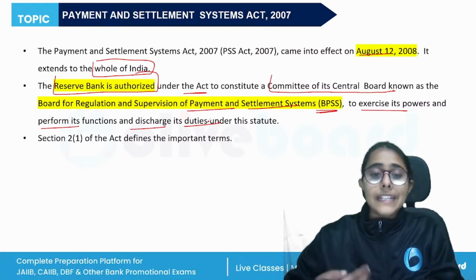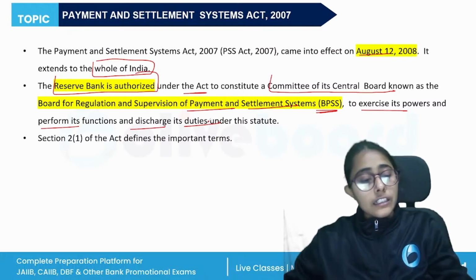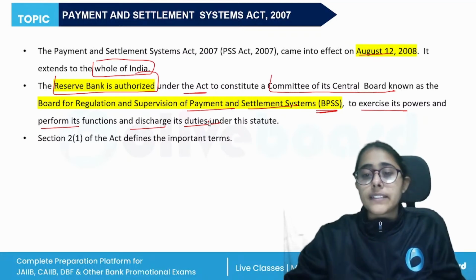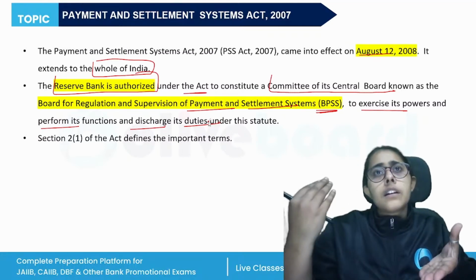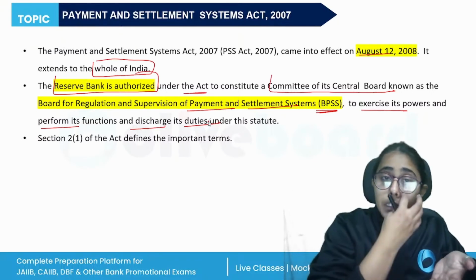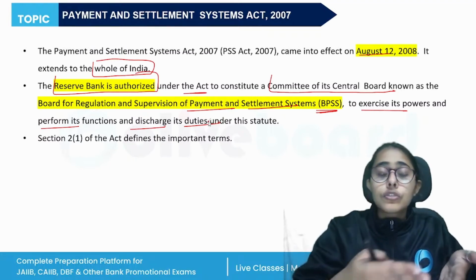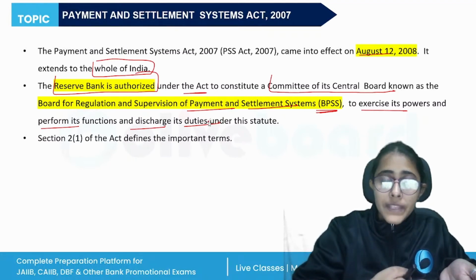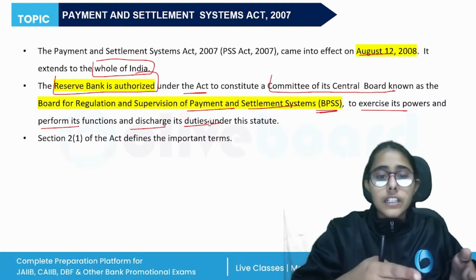So RBI, indirectly through the BPSS, supervises, controls and regulates the payment and settlement systems. In this act, we are going to talk about the authorization for any payment system to work, the issuer. We will also talk about any changes that require approval from RBI, and any penalties that are imposed. Everything is covered under this act.